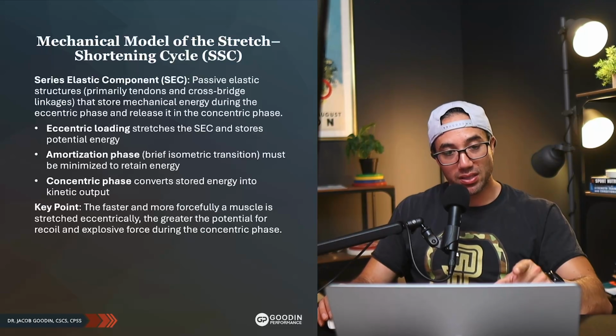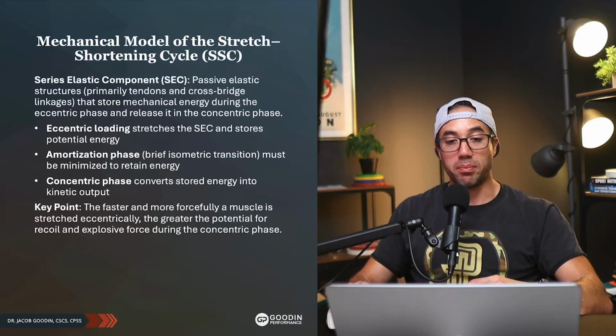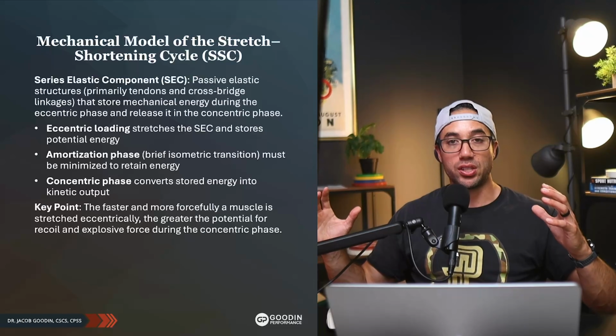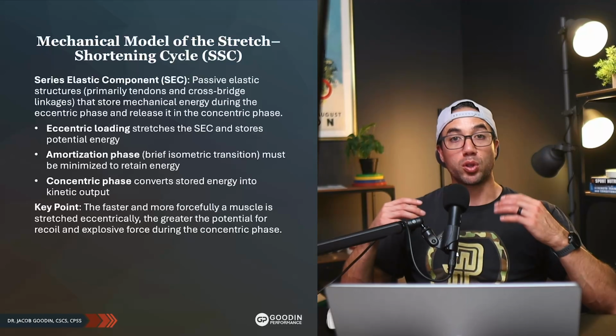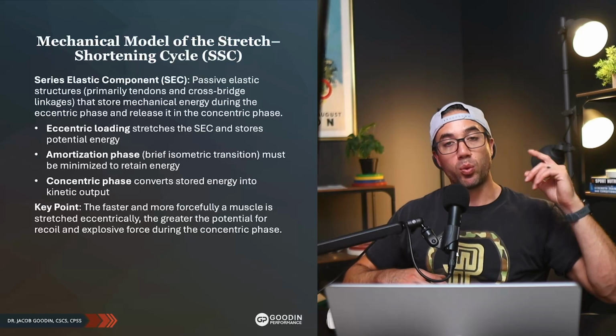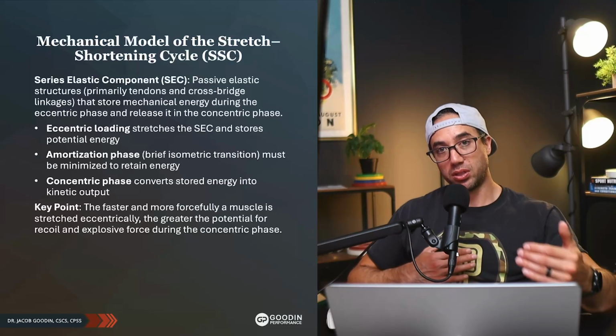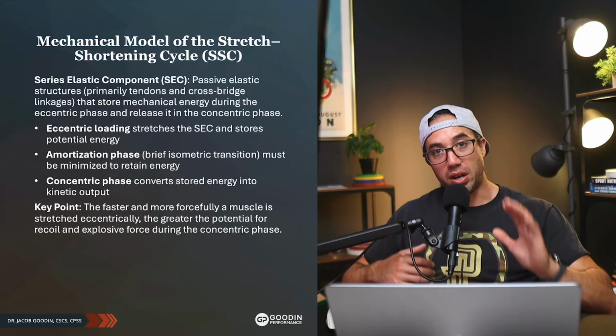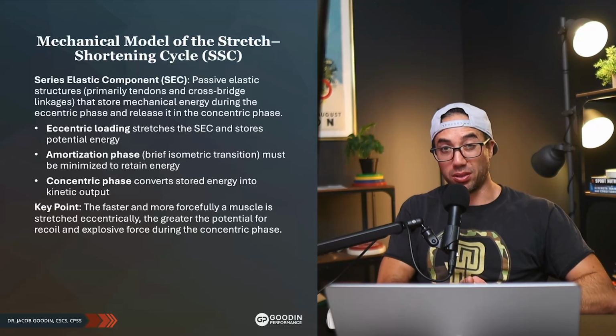And that's because of this concept right here, where the more forcefully the muscle is stretched eccentrically, the more energy is stored up. And so that's when you see people go up for a massive jump or a big rebound. If you watch it in slow motion, you'll see their penultimate step and their hips actually are projecting forward and down very rapidly. And then their block step, it looks like, oof, maybe that's not good for them orthopedically.